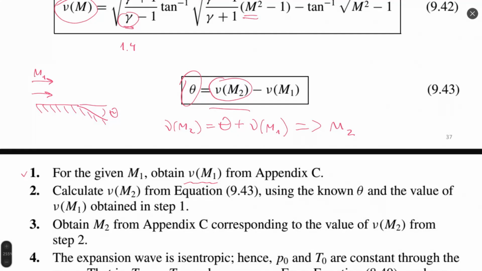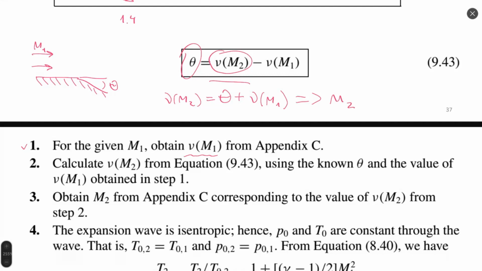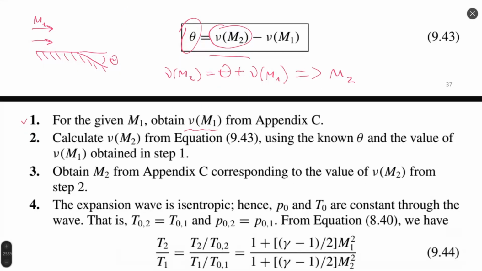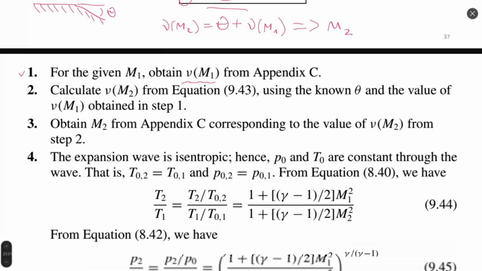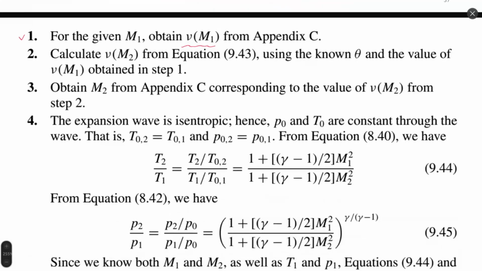When we know Mach 2, we can use the isentropic relations. Since our flow is isentropic, stagnation pressure and stagnation temperature are constant. So we can use the isentropic relations given in the previous chapters to calculate temperature and pressure. Here, equation 944 gives us the temperature ratio.